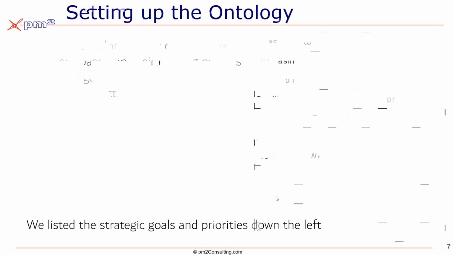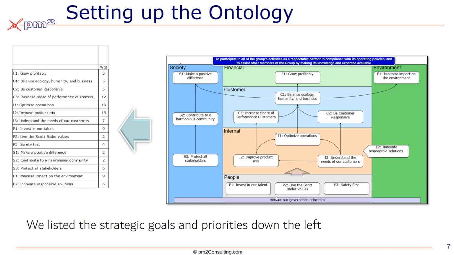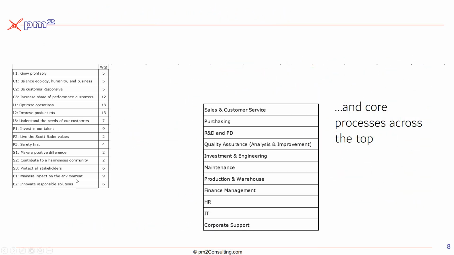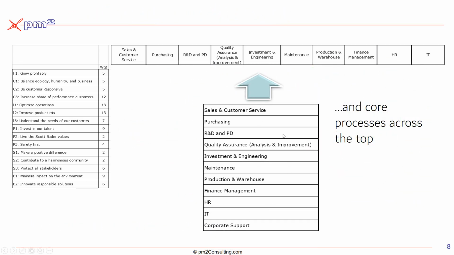So we should be able to take those processes and strategic goals and see how they relate to each other. Specifically, we'll put the strategic goals down the left side of a spreadsheet. And across the top, we'll put those core processes that we identified. Because, of course, we do these core processes in aid of achieving these objectives.